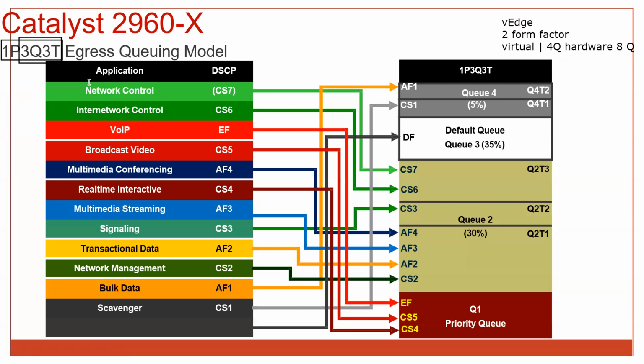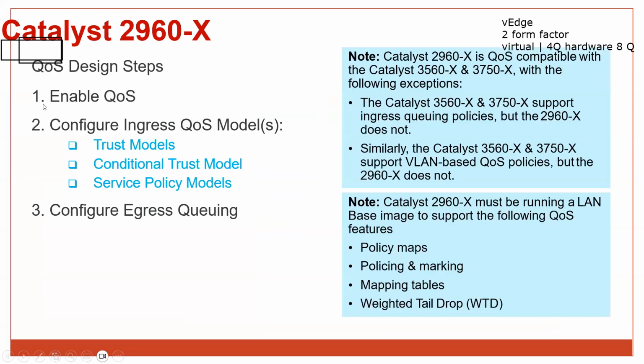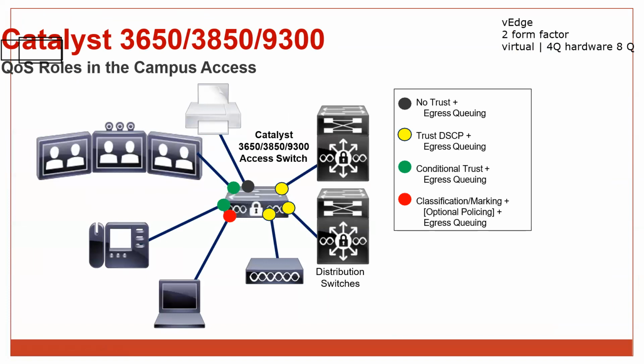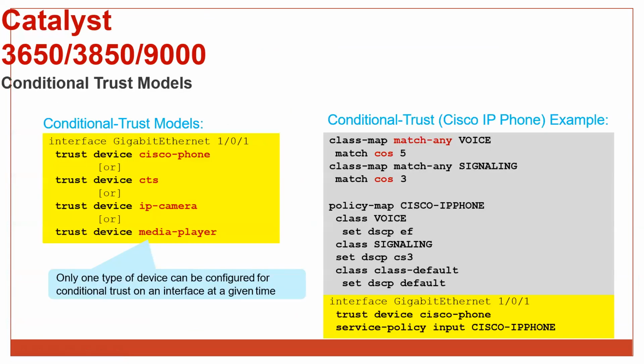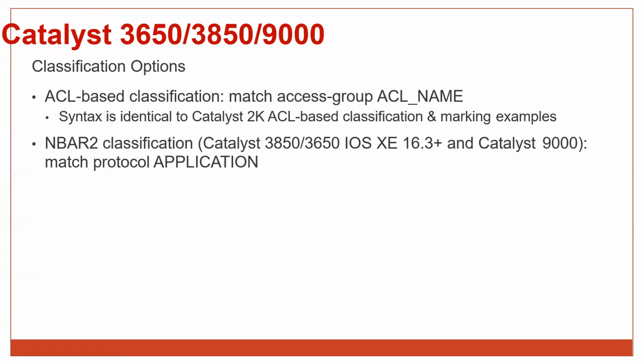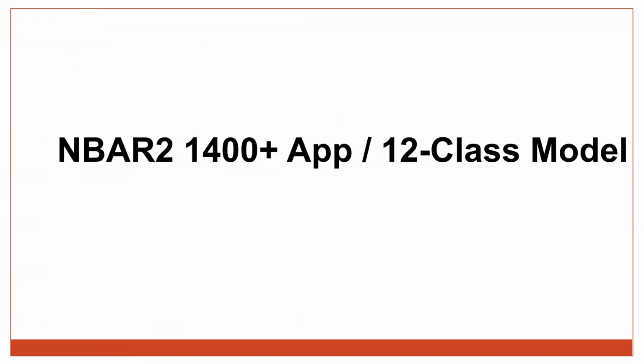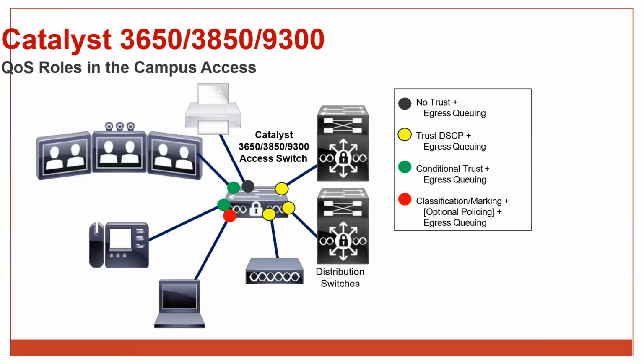Then if I go to any other switch, I'll come back to this configuration. Suppose a 3850 type of switch, let's see the queue design for this.